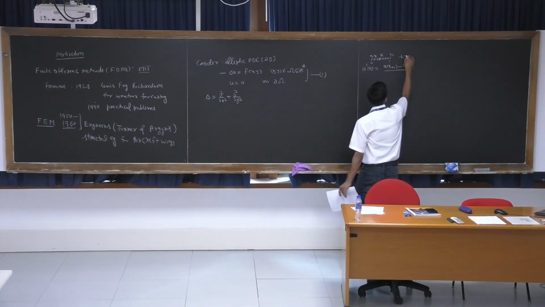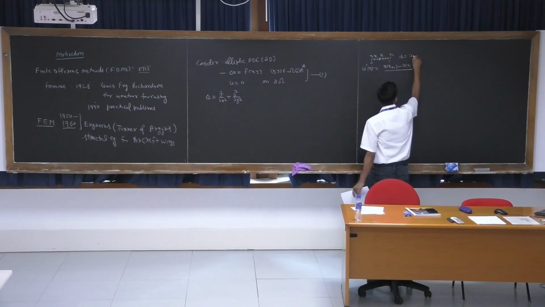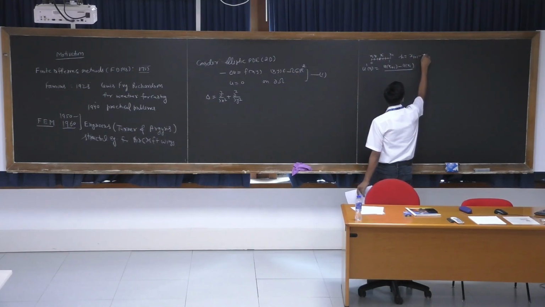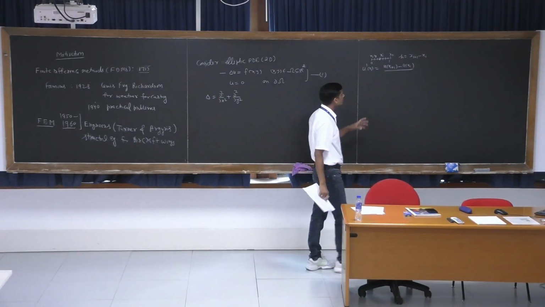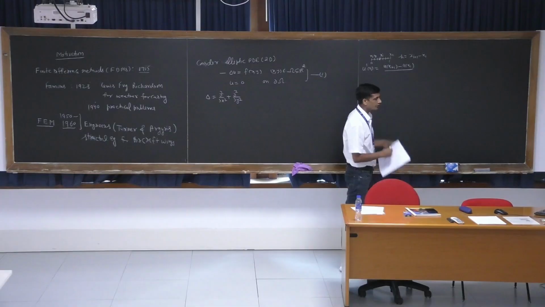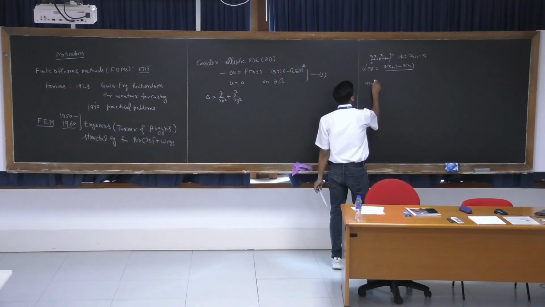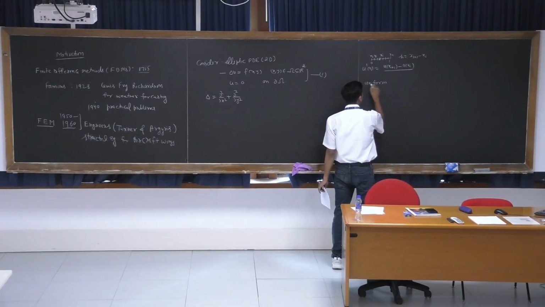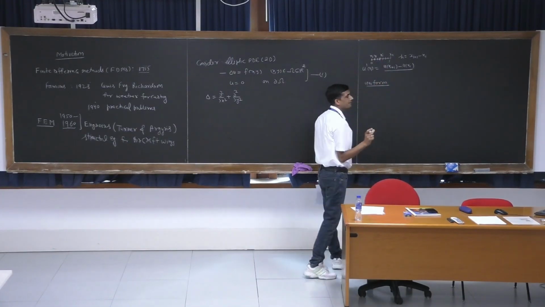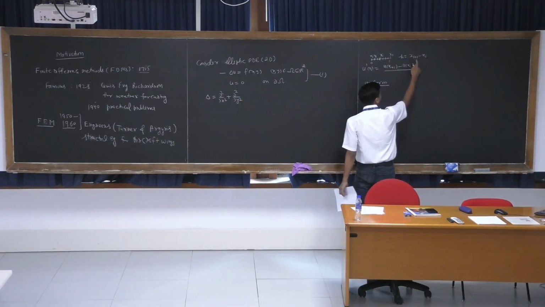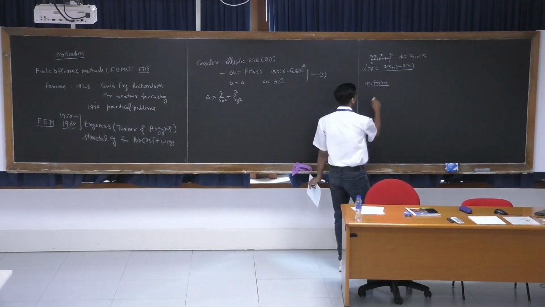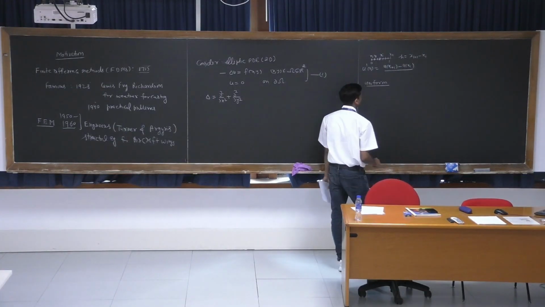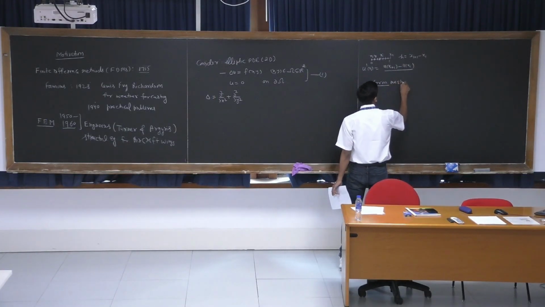I am saying h is the step length, which is xi plus 1 minus xi, because the finite difference method generally works on a uniform mesh. Uniform mesh means the step length between each node is the same, which is h equal to xi plus 1 minus xi. So this is a uniform mesh.